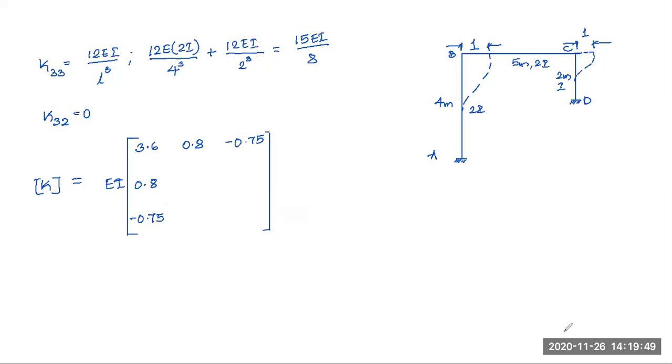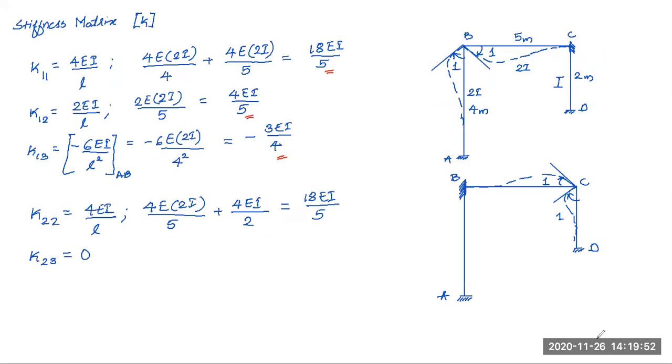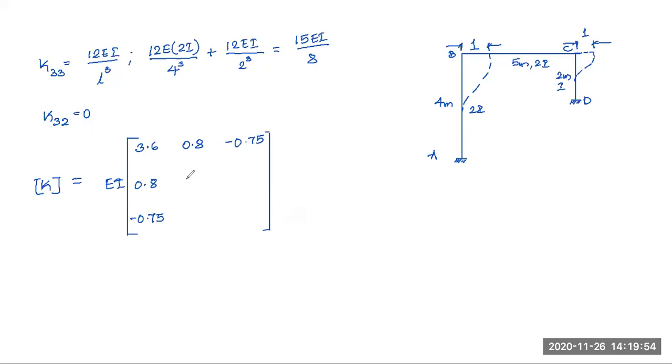What about K22? K22 was equal to 18 by 5, so again it is same as K11. And K23, K32, they are 0. And we have K33 as 15 by 8, so 15 by 8 is 1.875.